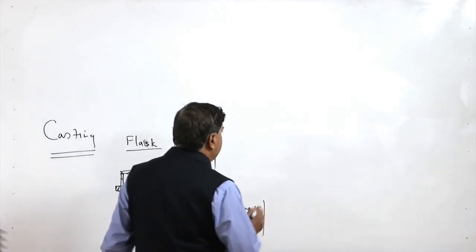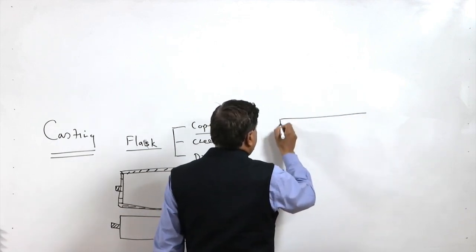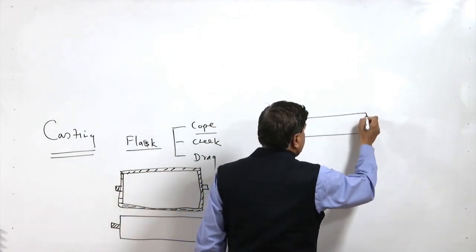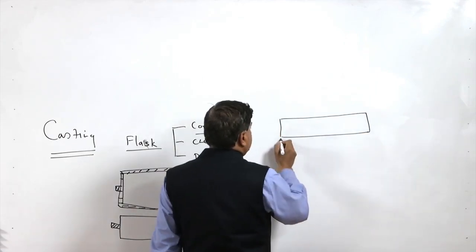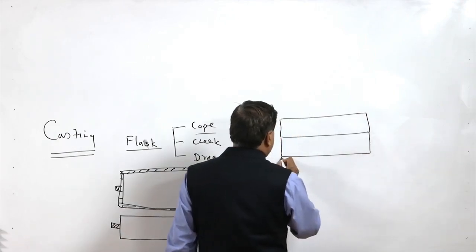Like say, one flask in front of you, there is another flask and a third flask.